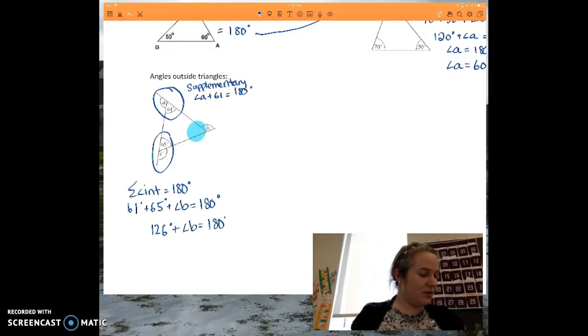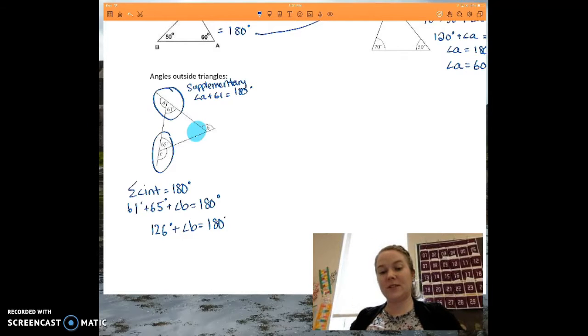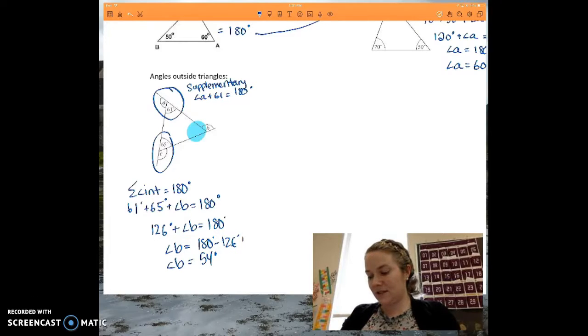And now we just need to do 180 degrees minus 126. I'm just going to make sure I don't give you the wrong number. Okay, so angle B is 180 degrees minus 126. Angle B is 54 degrees. So I'm going to write that in there, 54 degrees.